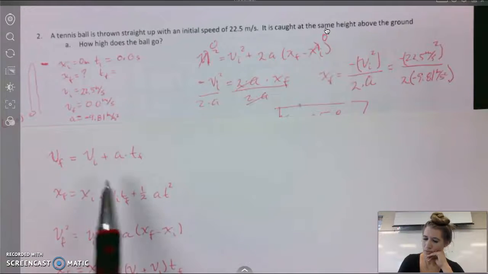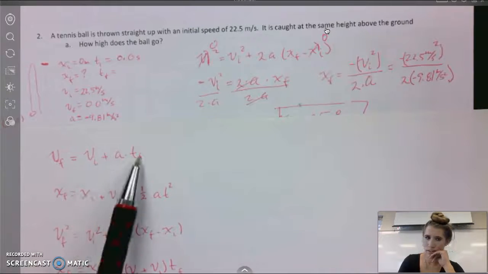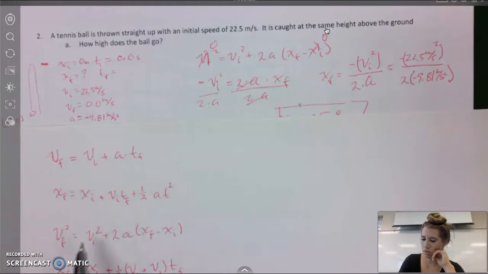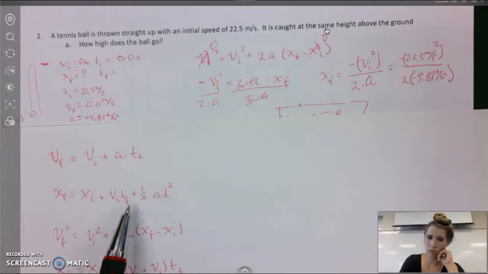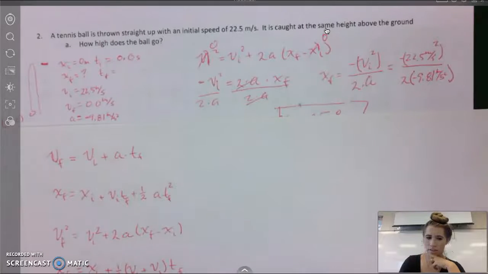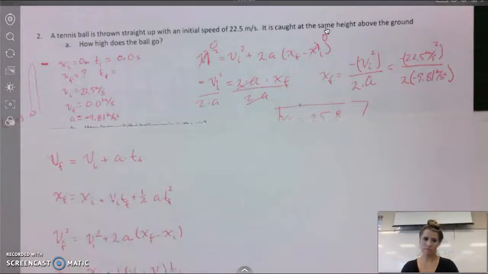Now, this is a simple equation, and I'm going to choose to use that one because of its simplicity. I want you to notice, you could have chosen this or this one. This one's going to be hard to solve for because our time finals are separated and we'd have to bring them together. So I'm going to use that one.